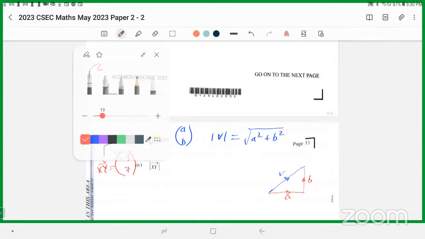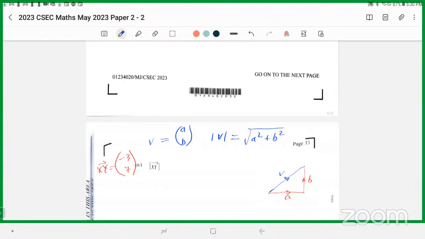If we're going to get the modulus of this, it's going to be equal to the square root of -3 squared plus 7 squared. Normally, I don't have to put the negative here. I can just use 3, because -3 squared and 3 squared are the same, and the negative only indicates direction.